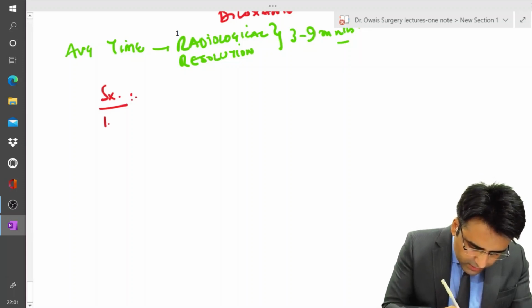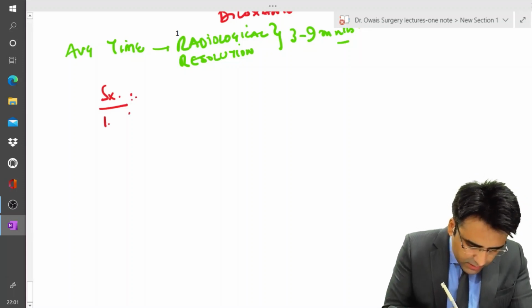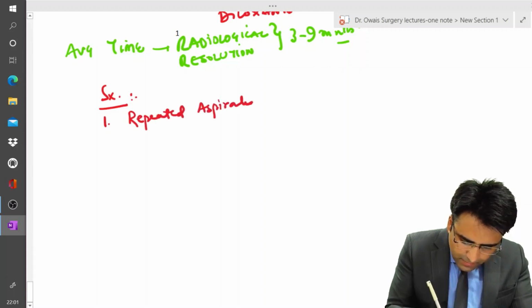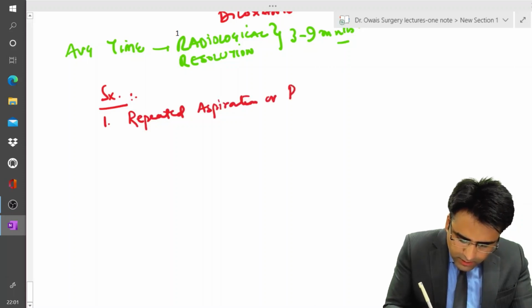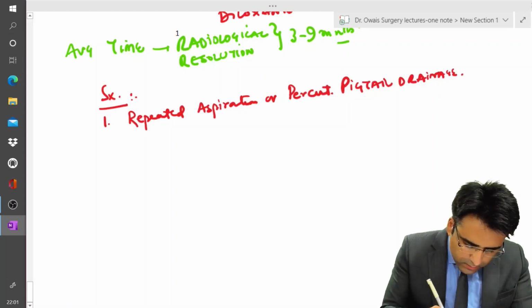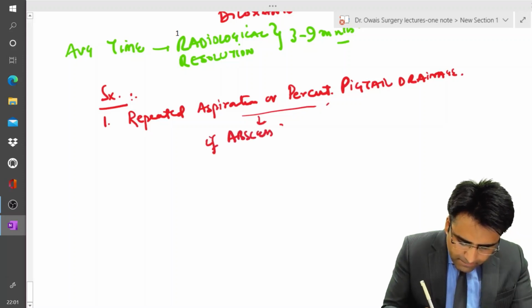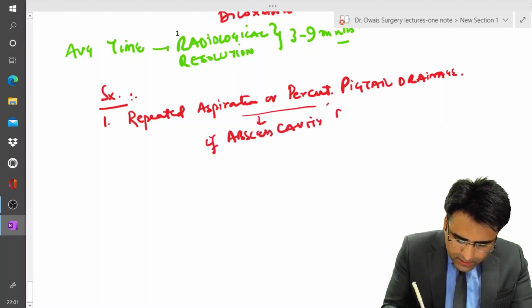Number one is, even after repeated aspirations or percutaneous pigtail drainage, if the abscess cavity fills again.